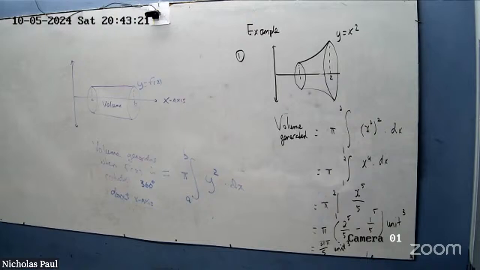Find the volume generated when y is equal to x squared plus 1. It's rotated about the x-axis between 0 and 2.